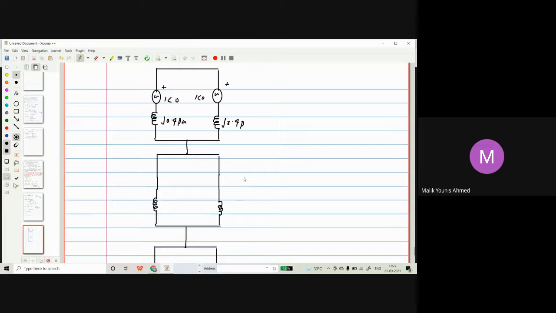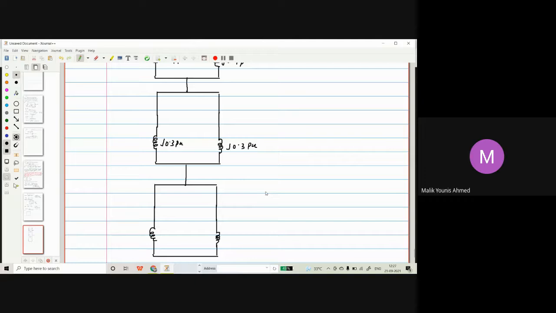Who knows each and everything can make it fast within 30 seconds. J.3 per unit. In the second method, you have to draw directly. Here only it will be open, so you have to mention that, because on one side this will be open. This is how much? J.15, J.15.